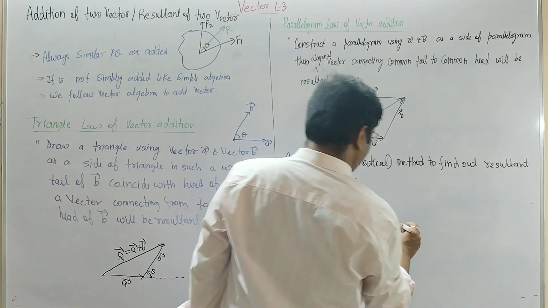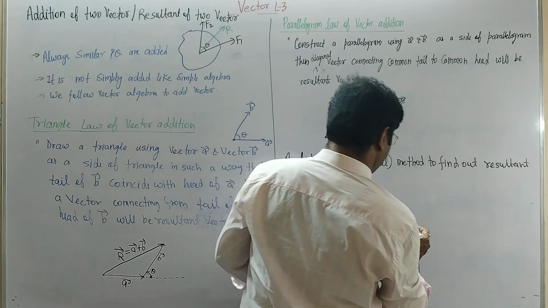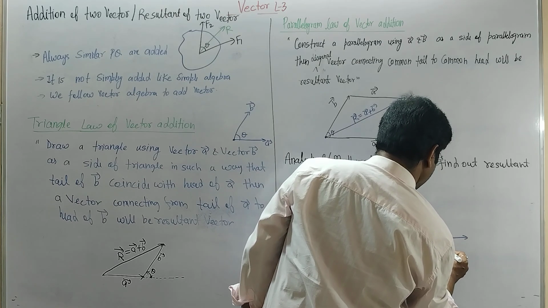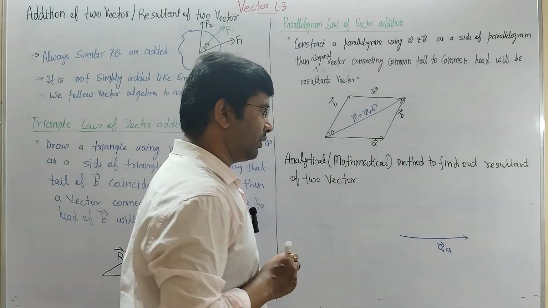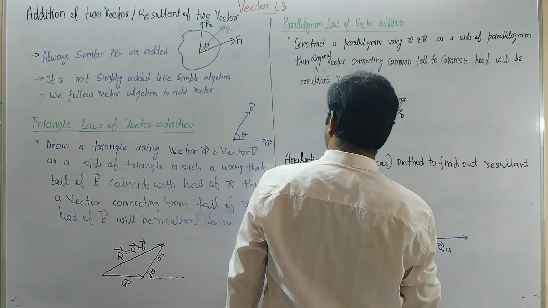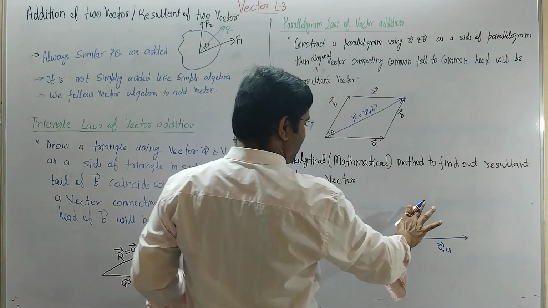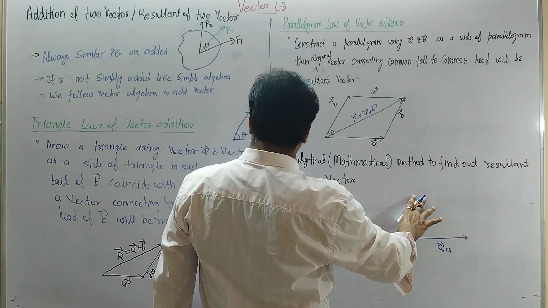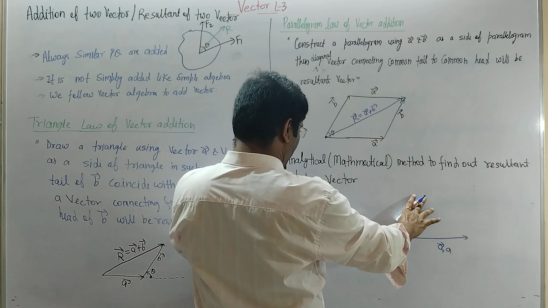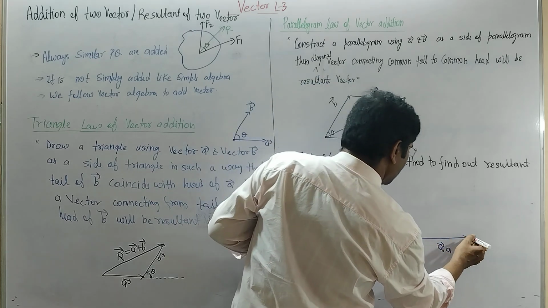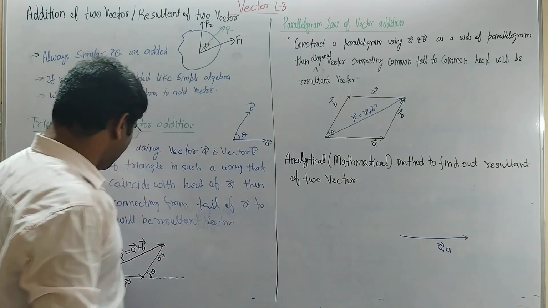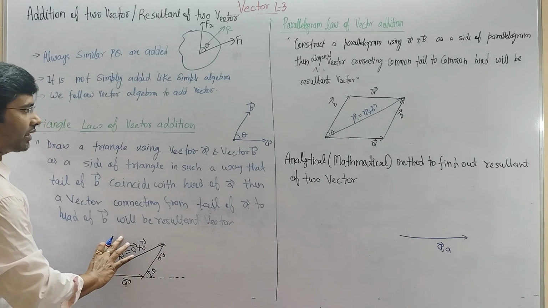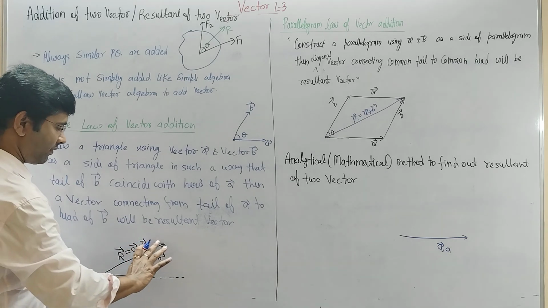So let me take here, this is side A. The magnitude of this vector, I will write A. This is basically vector B. I'm not going to draw it here because I want to find the resultant. So if I'm shifting this vector using the triangle, this is vector A, this is vector B. Vector B was actually acting at a point here, so we have shifted vector B here.